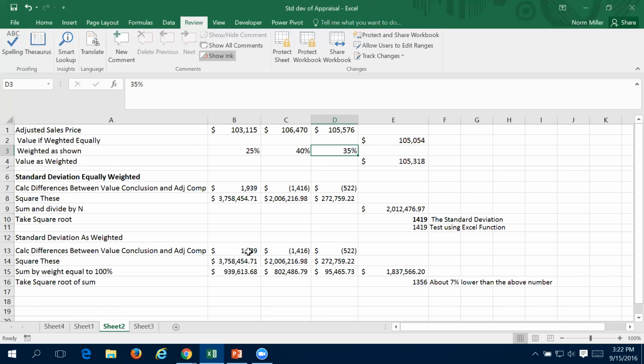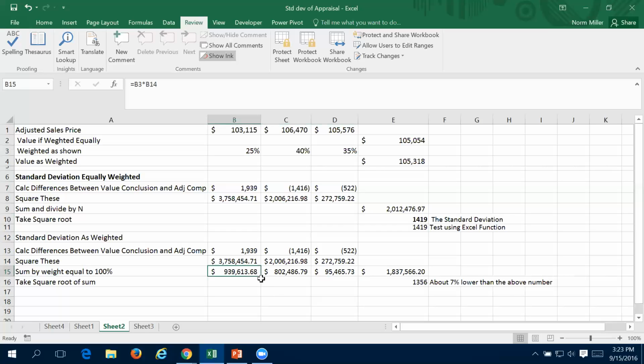The only difference is that when I take the square differences, instead of summing them and dividing by 3, I'm going to weight these. In this case, I'm weighting it by B3, which is 25%. I'm weighting it by C3, 40%, and I'm weighting it by D3, which is 35%, and I'm not going to divide by N.